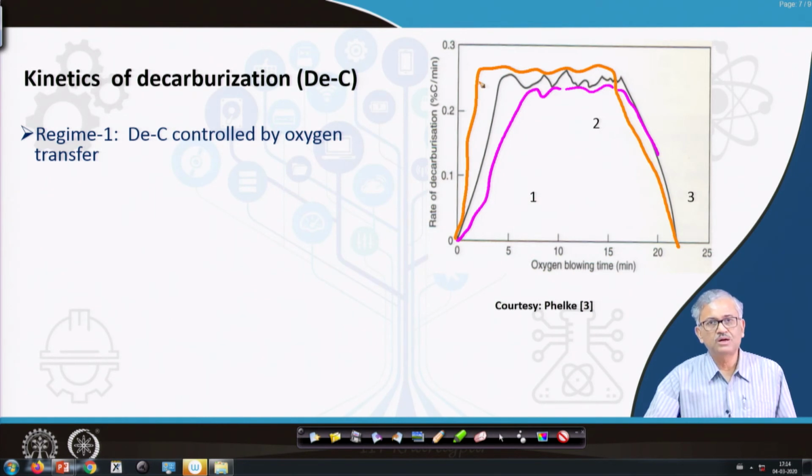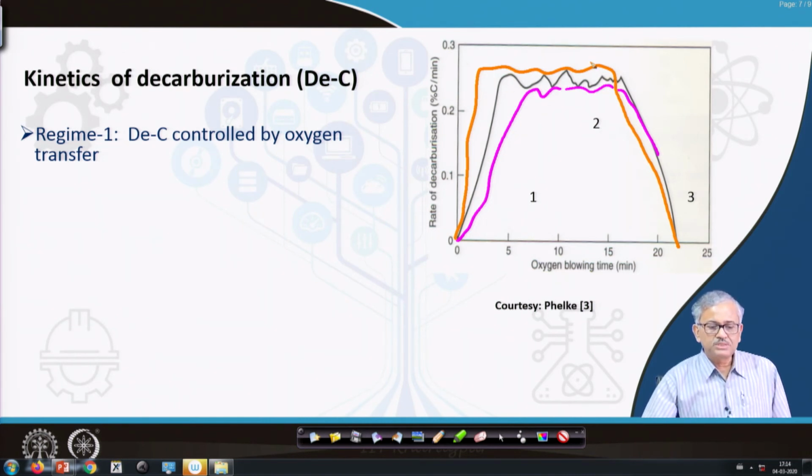If you do a hard blow, then your decarburization rate will be very fast. If you make a soft blow, the decarburization rate may be like this, or this is a normal case. So depending on the JFN number, it has a role to play for the initial decarburization rate. You have control, so initially you can control the rate of decarburization by blowing practice.